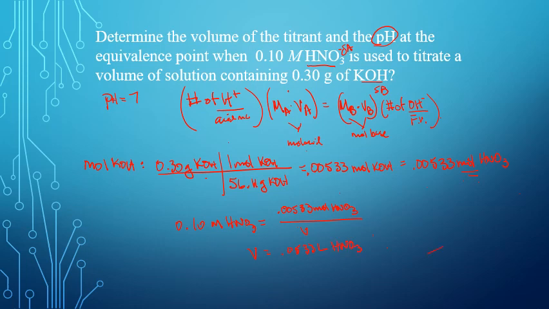But again, not really an easy number to work with, so we could multiply it by the 1,000 milliliters per liter, and that would give us a final answer of 53.3 milliliters of the HNO3 that must be added to neutralize 0.3 grams of KOH.